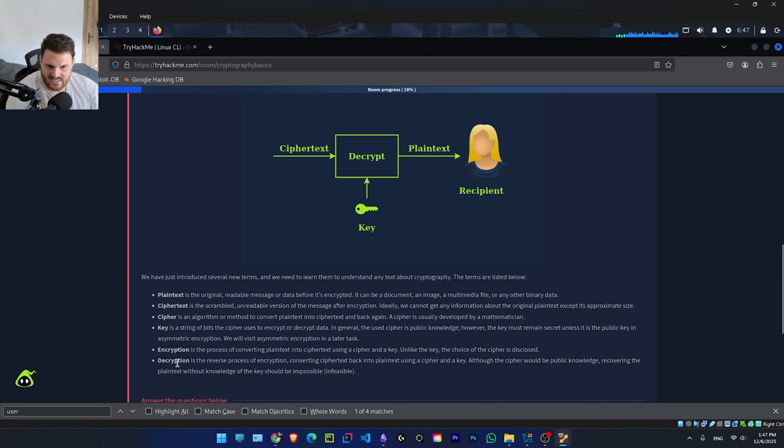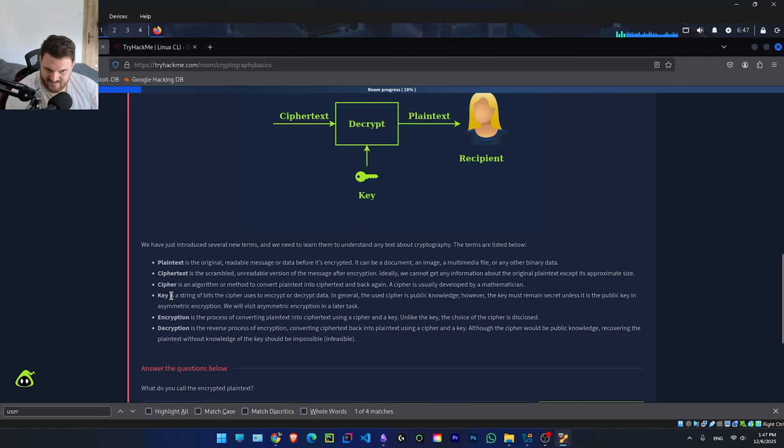So we'll get there. A key is a string of bits. The cipher uses it to encrypt or decrypt the data. In general, the cipher used is public knowledge. However, the key must remain secret unless it's the public key in asymmetric encryption.